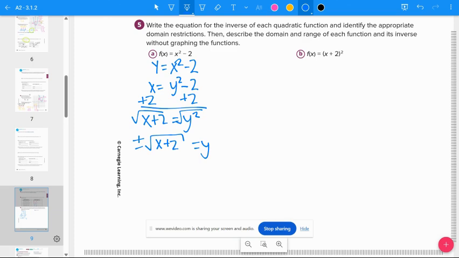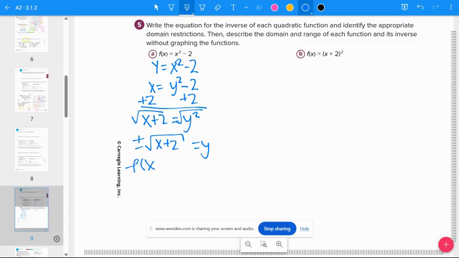So if we think about the domain and range, what should they be to each other from the original to the inverse? They should be flip-flopped. They should be the exact same numbers, but one will be written as domain, one will be the range. Okay, on part A, actually, I should write those numbers.